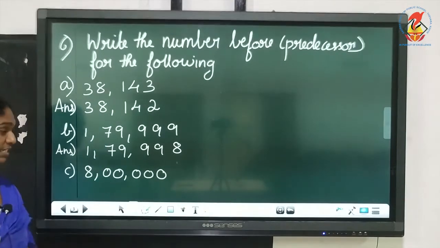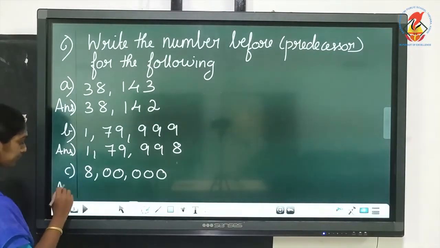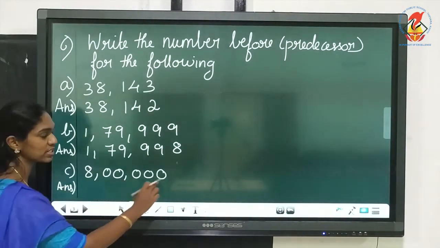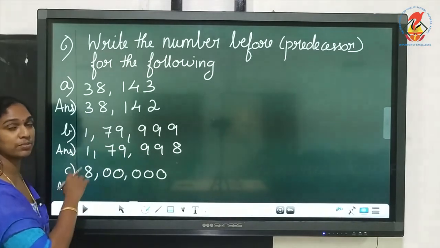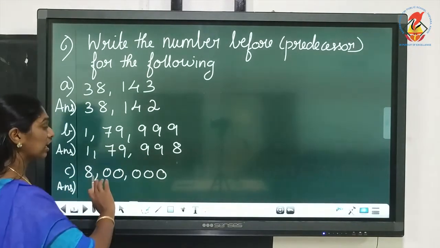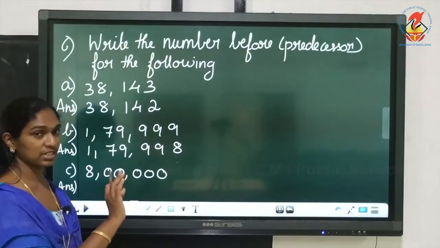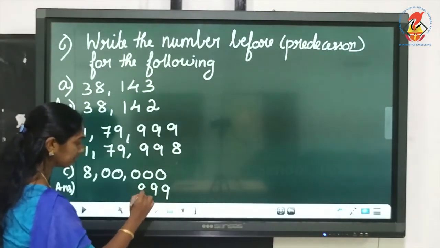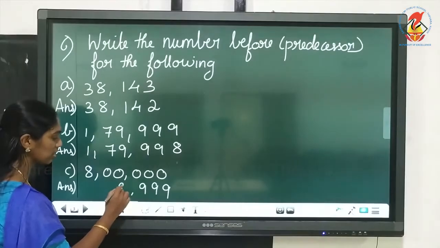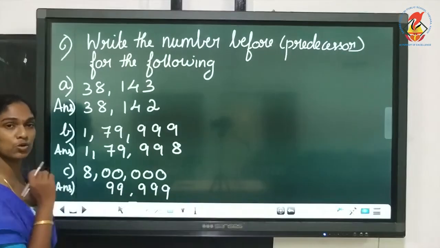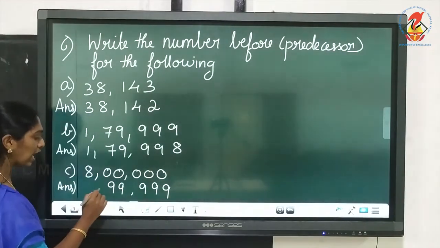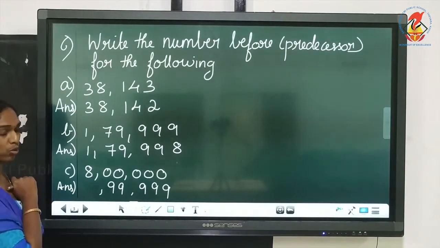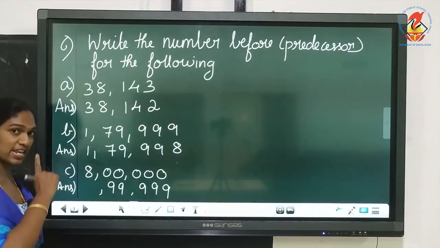When it comes to predecessor, if you have zeros like this at the end, not in between, all these zeros will become 9, just the opposite of successor. All the zeros will become 9 and the number before 0 should be made 1 less.